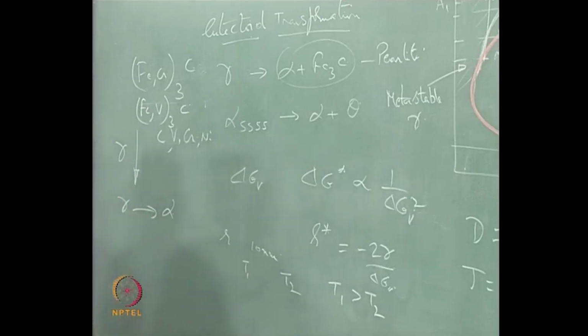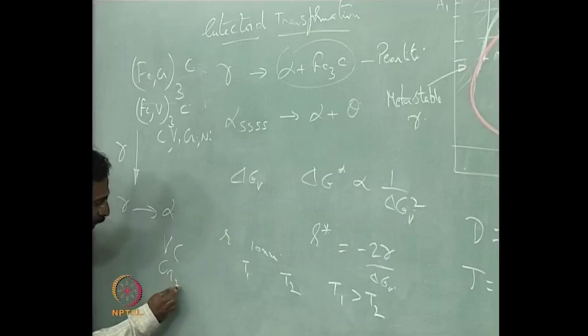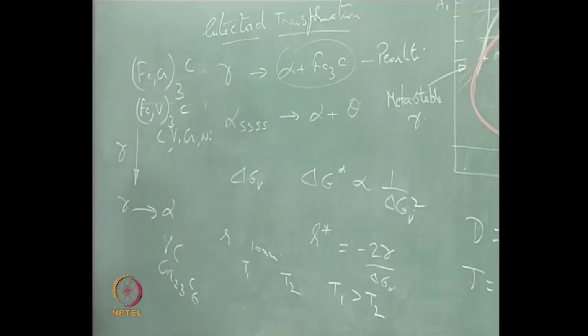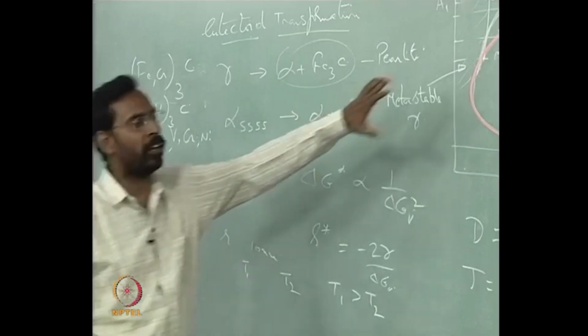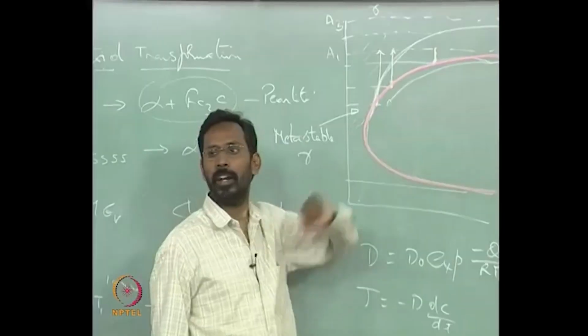They nucleate at the grain boundaries of austenite, the new carbides, till the whole transformation is over. And once carbon comes out of the gamma by the formation of special carbides like vanadium carbide or let us say Cr23C6 kind of carbides, the carbon content of gamma has come down. Once the carbon content of gamma comes down, again this whole thing gets affected, the TTT diagram.